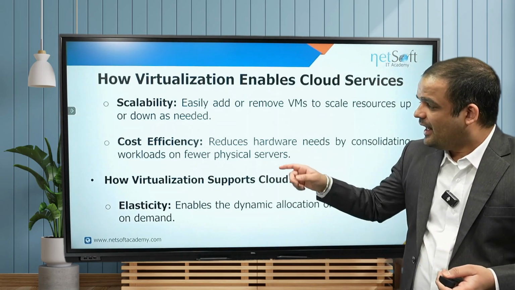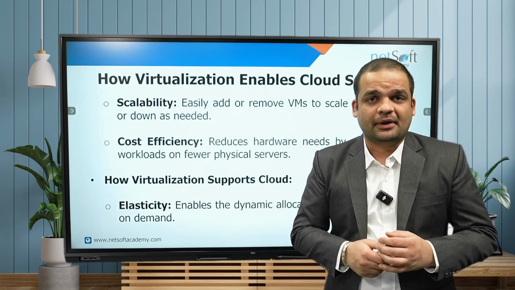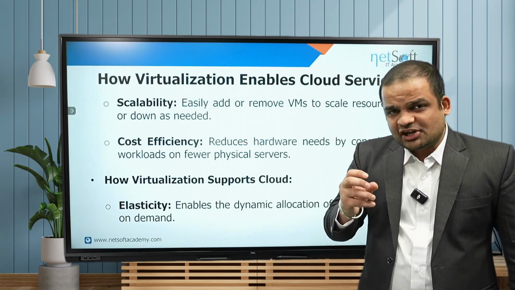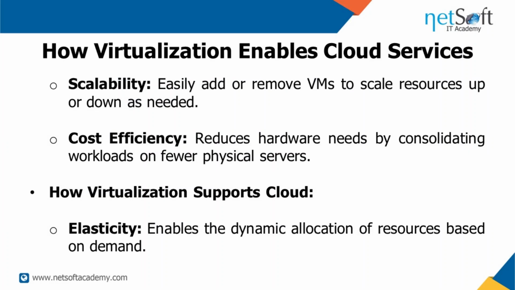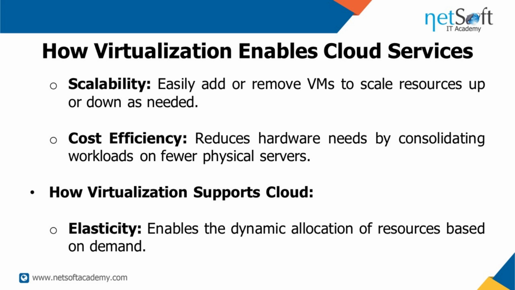Now, how does virtualization support cloud? There are some topics here which we will discuss. Virtualization plays a crucial role in enabling core cloud features like elasticity, multiple tenancy, meaning isolated bubbles, and DR, disaster recovery. Let's go through the first one, elasticity.